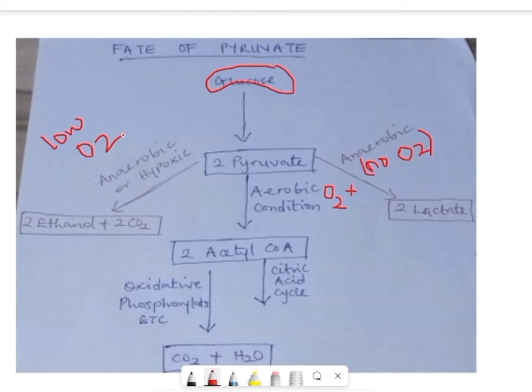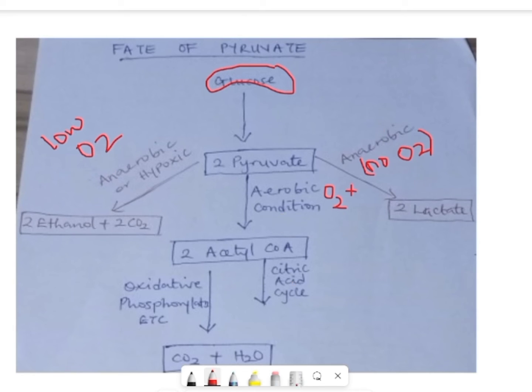So it is called the anaerobic or hypoxic condition. What that produces is two molecules of ethanol plus two molecules of carbon dioxide. And this is where we get our drinking alcohol from, through the anaerobic or hypoxic process, in the presence of low oxygen as opposed to no oxygen.